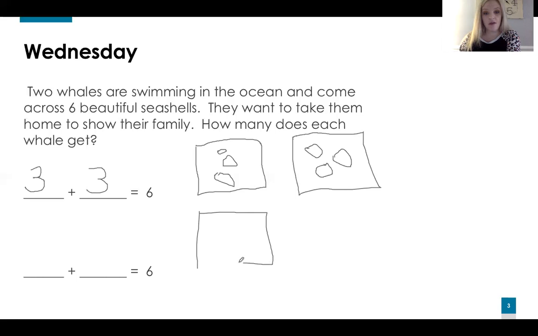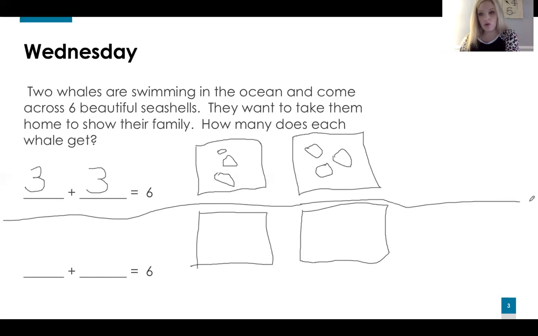Okay, I will draw my squares again to represent my 2 whales. And then I'm just going to start drawing circles until I get to 6. I could do 1, 2, 3, 4, 5, 6. Okay, so now with this problem, I have my 2 whales. They've each received seashells, but now is it the same as this one?